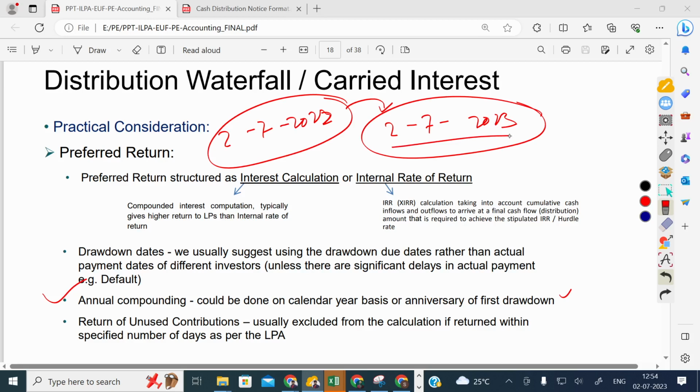So it means today you can compound it. Today you can perform the compounding for this particular drawdown or capital call that you had received last year. So you can perform the calculation today to compound it.